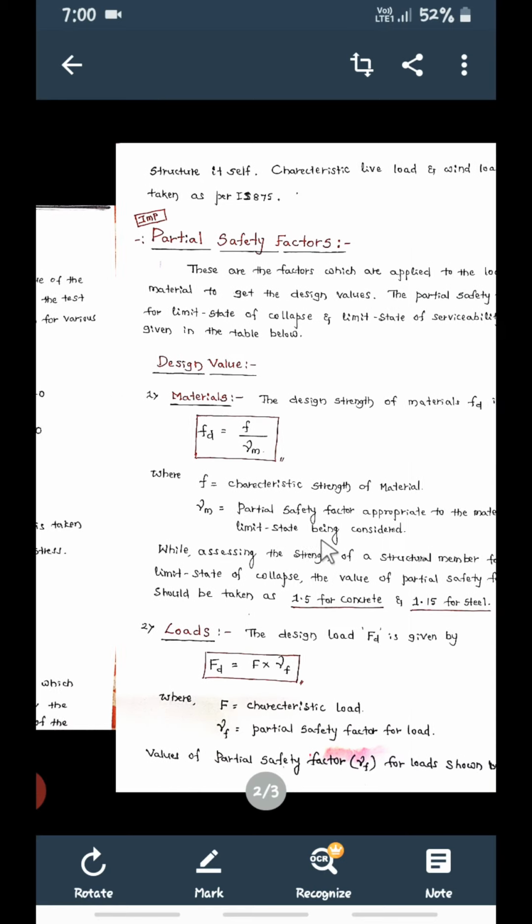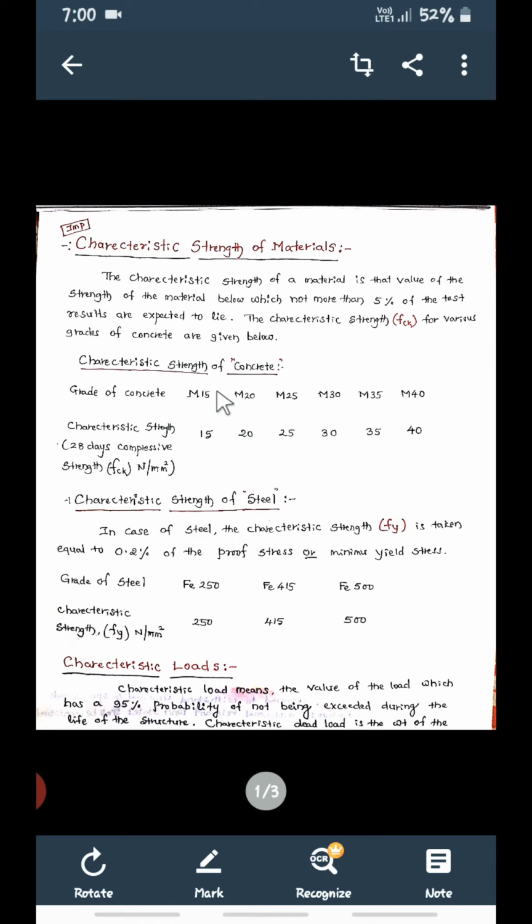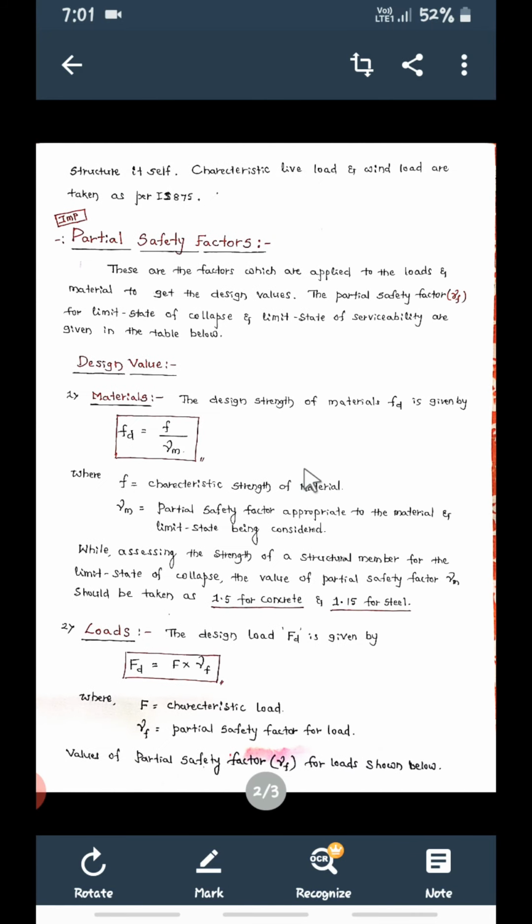Suppose I want design strength of M15. This is a characteristic strength. I want design strength of M15 grade concrete. So what am I going to do? Characteristic strength, that is FCK, is 15, divided by gamma M. What is the partial safety factor for concrete?